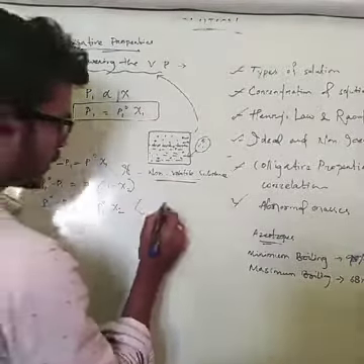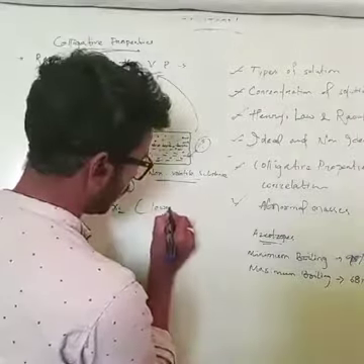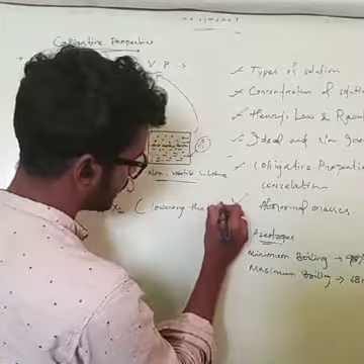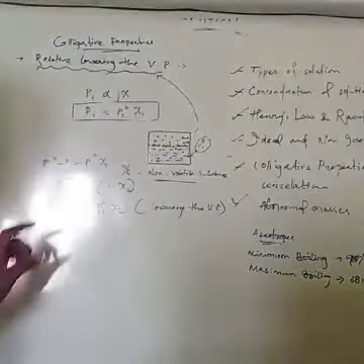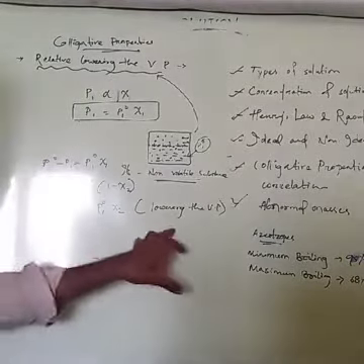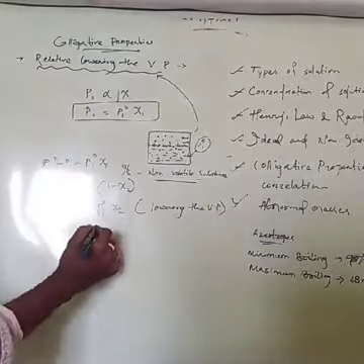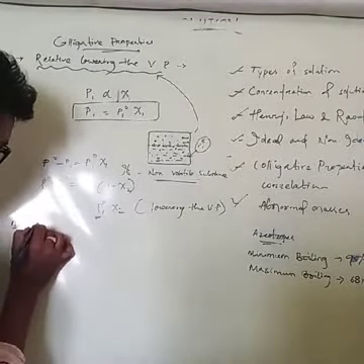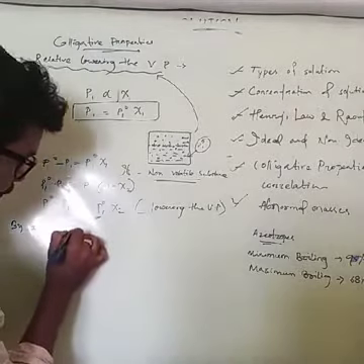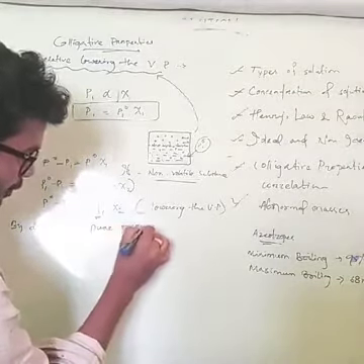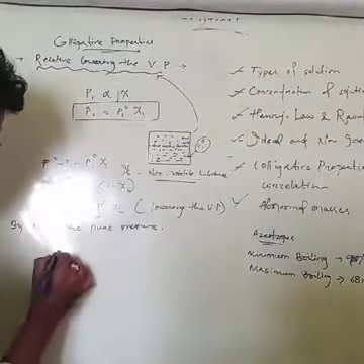So this is the lowering of the vapor pressure. This is not the relative lowering of the vapor pressure. How will you get the relative lowering of the vapor pressure? By dividing by the pure pressure. So by dividing by the pure pressure, you will get the relative lowering of the vapor pressure.